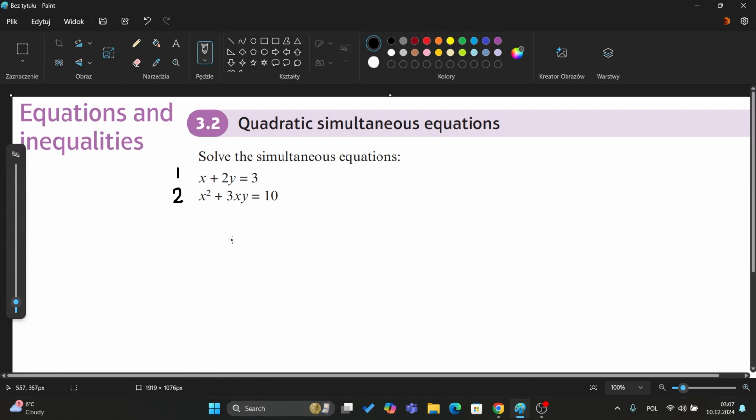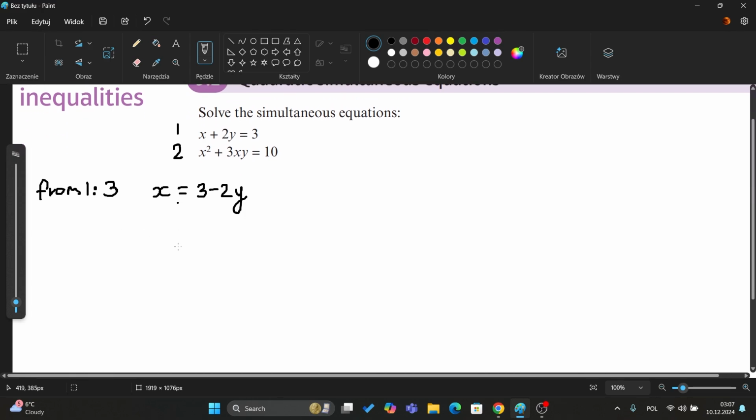So here, what we can do is that x could be equal to 3 minus 2y, bringing 2y to the other side to get our equation number 3 from equation 1.